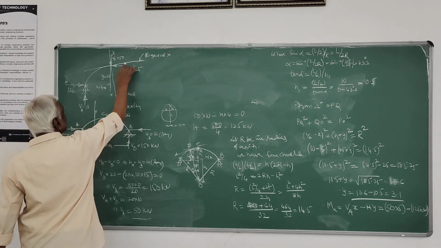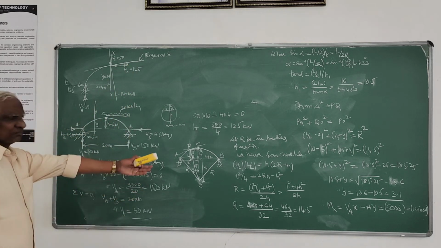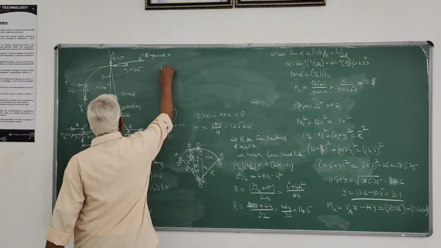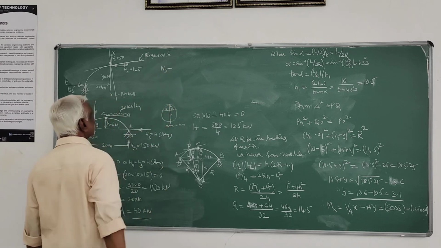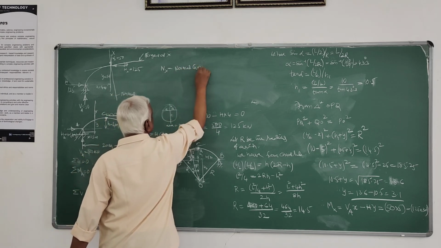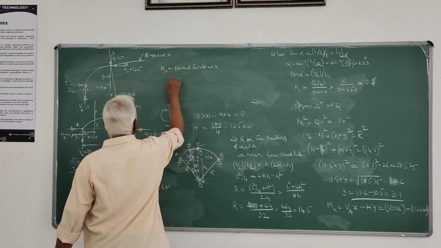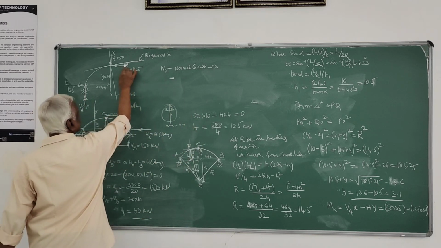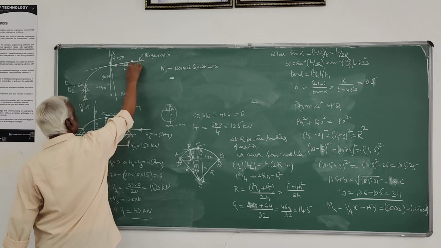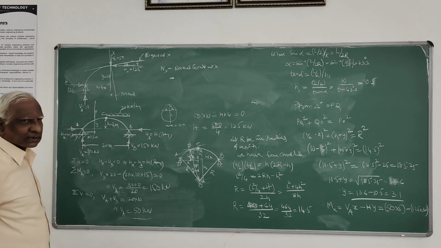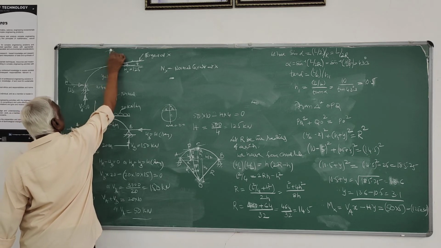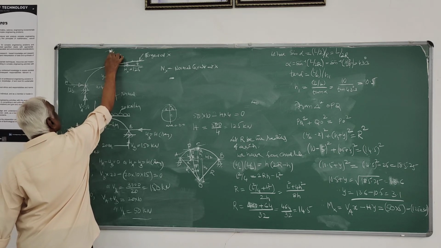This is your theta, whatever you have already determined. So Nx is nothing but the normal thrust at x. Hx you can resolve along the normal and along the tangent. Similarly, Vx you can resolve along the tangent and along the normal.